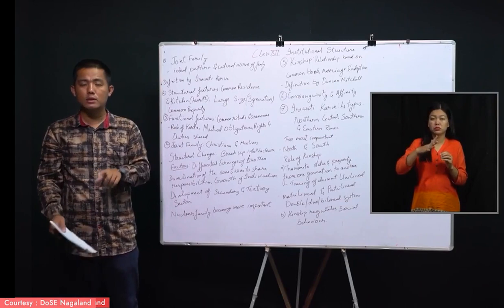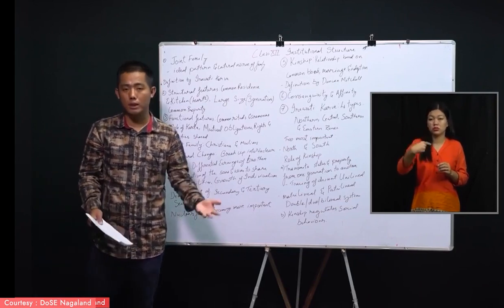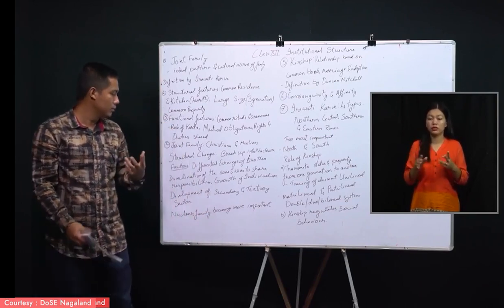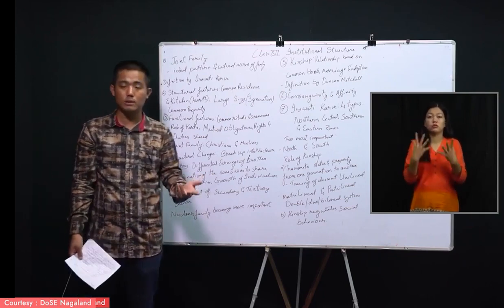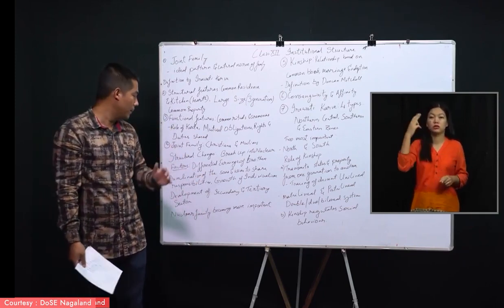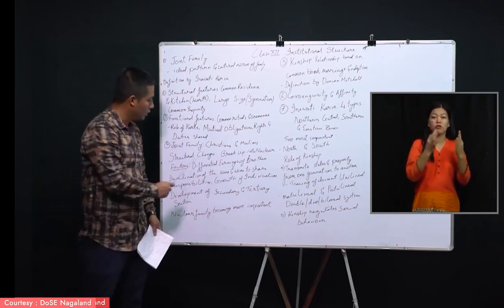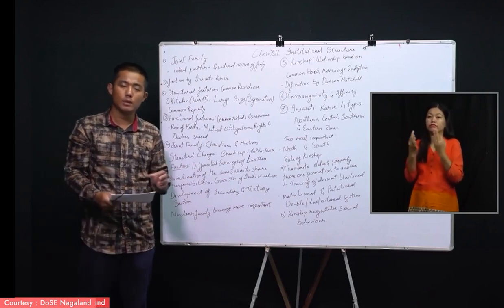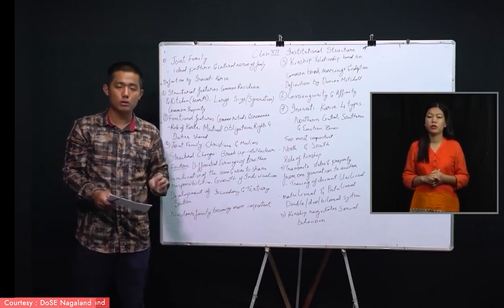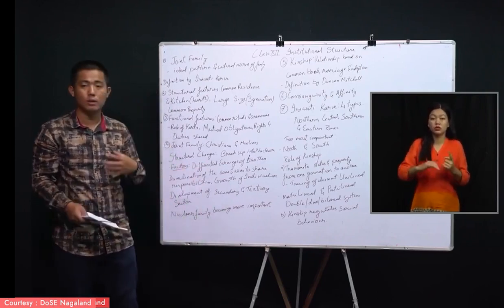In this manner, some of the brothers are not ready to share, and because of this differential earnings of brothers, it also led to the breaking up of the joint family into nuclear family. Slowly the family gets broken up into nuclear family. That is what it means here.